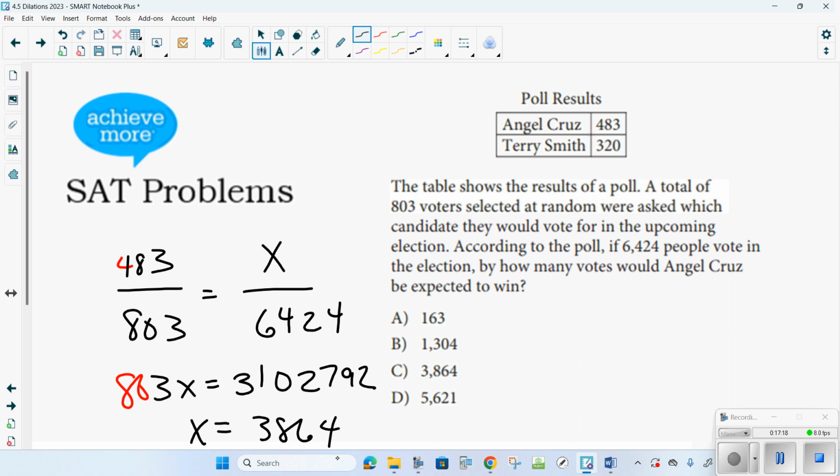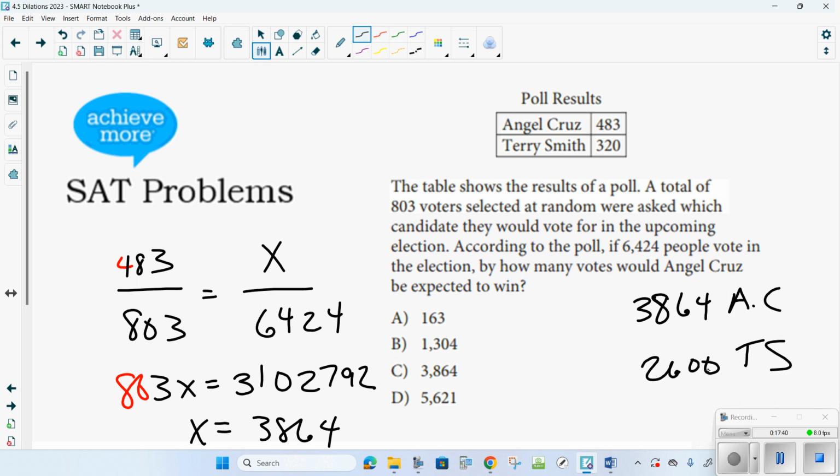So we are expecting 3,864 votes for Angel Cruz. That would mean subtracting 6,424 minus the 3,864, that Terry Smith should expect 2,560 votes.